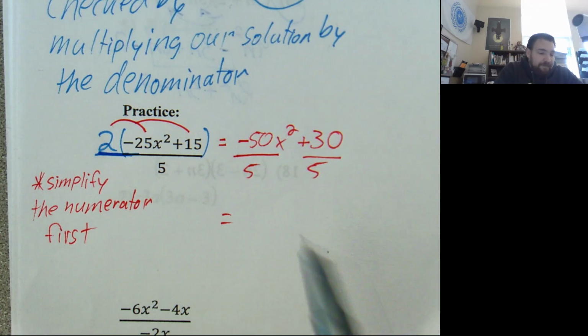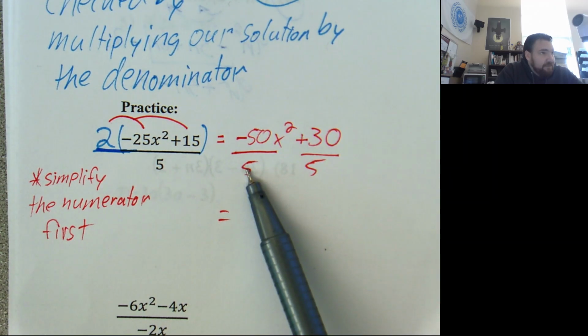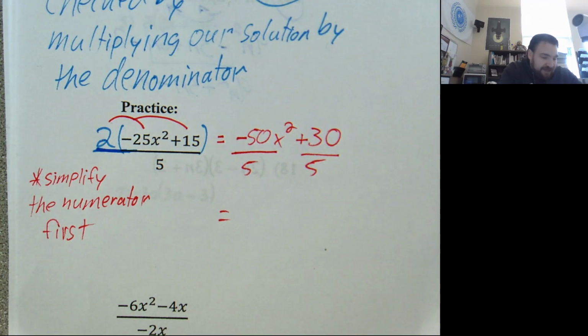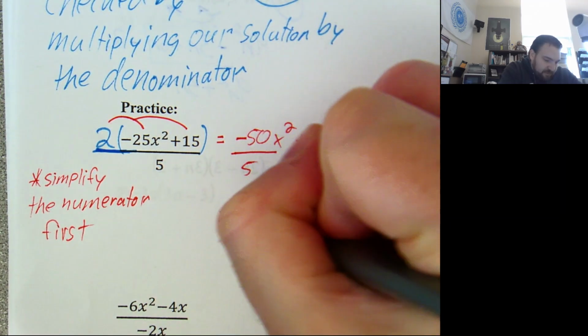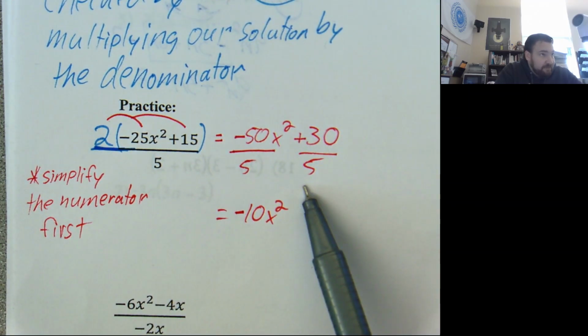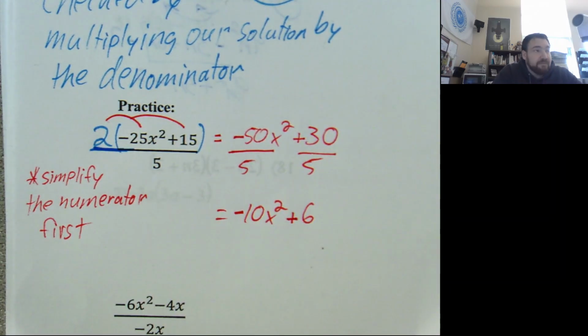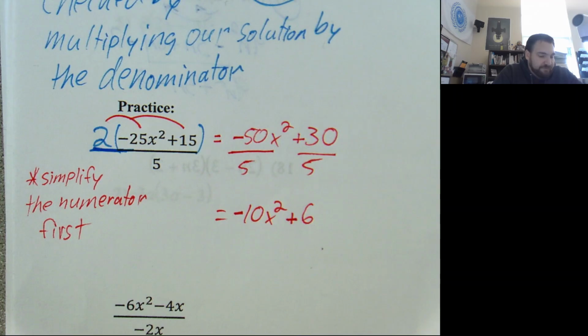So we've got one last step here. What is negative 50x squared divided by 5? Negative 10x squared. What is positive 30 divided by 5? Positive 6. And we're done. And that's all there is to this stuff.